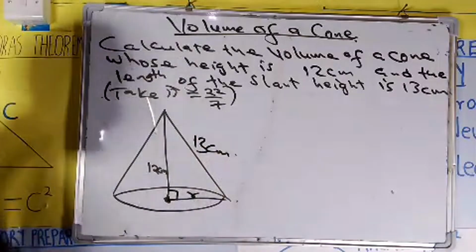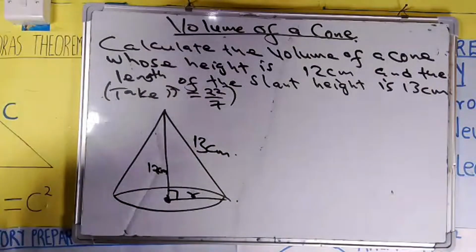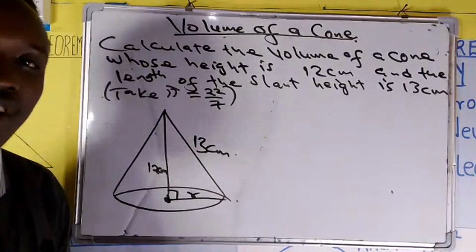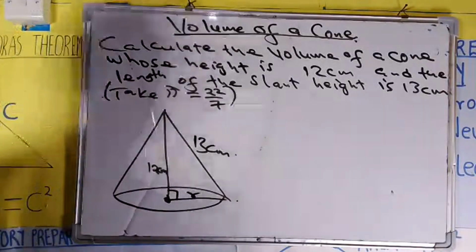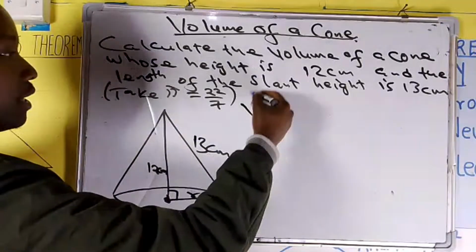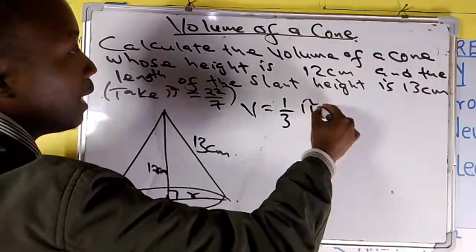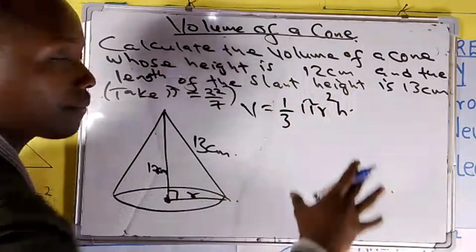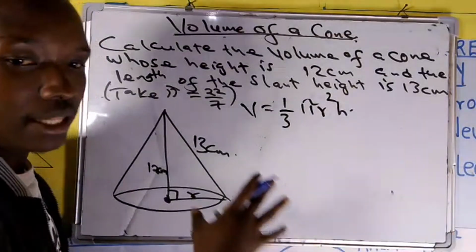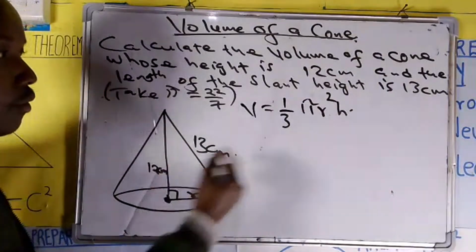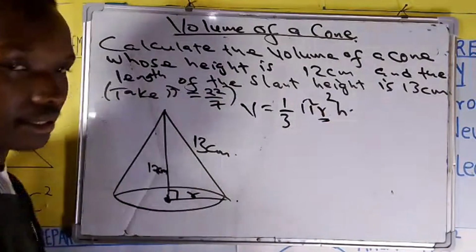We are supposed to determine the volume of the cone, and we said the formula is a third pi r squared h. So what are we going to do in this scenario? We must first determine the radius.